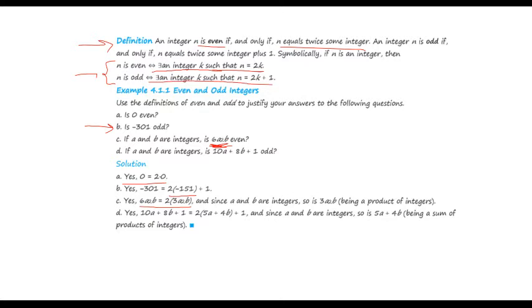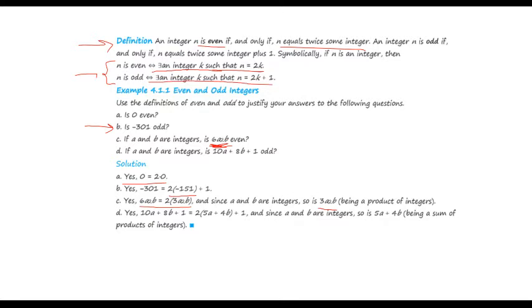Since a and b are integers, a squared b is an integer and 3a squared b is an integer, because integers are closed under the product operation.